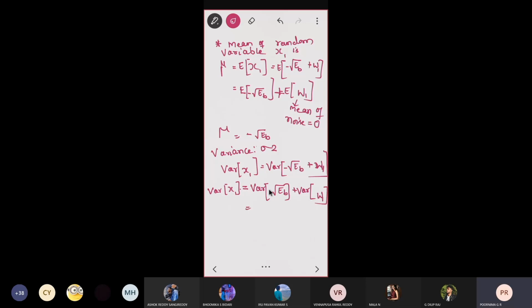The variance of any constant is 0, because this whole thing is a constant, plus the variance of noise, which is N0 by 2. That is the complete variance. So the random variable x1 has variance N0 by 2.